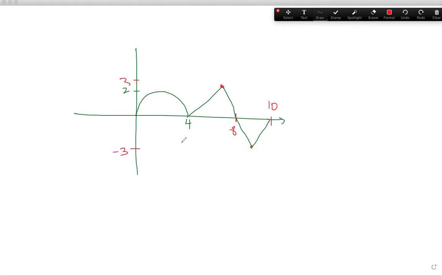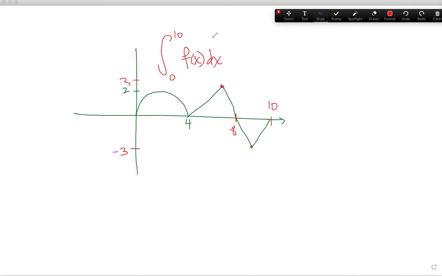If I asked you to find the integral for this function, obviously it's a piecewise function, because in parts it's a semicircle, and then it's got straight line parts. But I could still say it's a function f of x, and I ask you to find the definite integral from 0 to 10 of f of x dx.